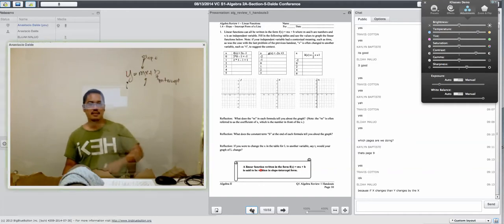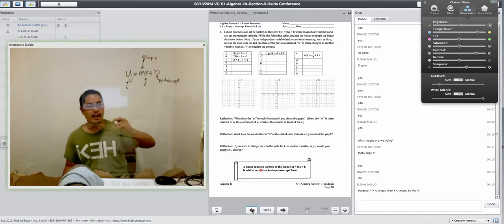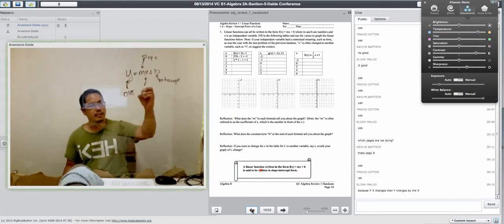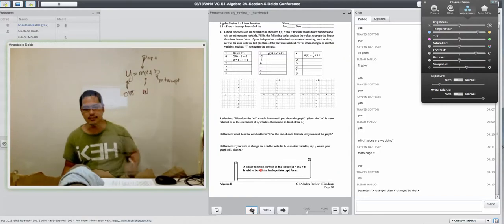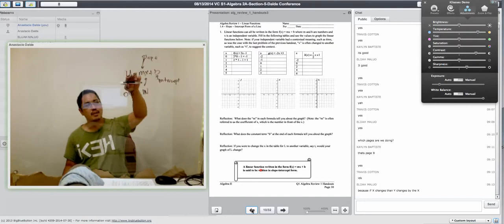Remember how I told you a function is like a relationship. It relates something coming in to something going out, right? So the thing coming out is this y, which would imply the thing going in is this x over here. So you have an input and an output.